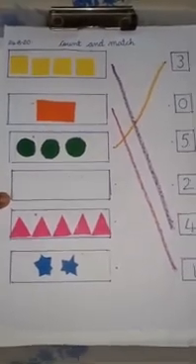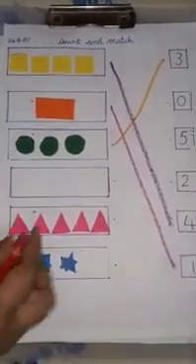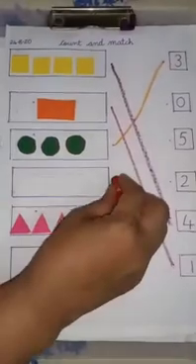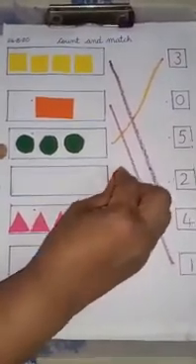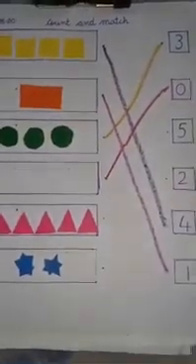In this box, we do not have any objects. So what is it? It is number 0, which means it has no value. So you have to join it to number 0.